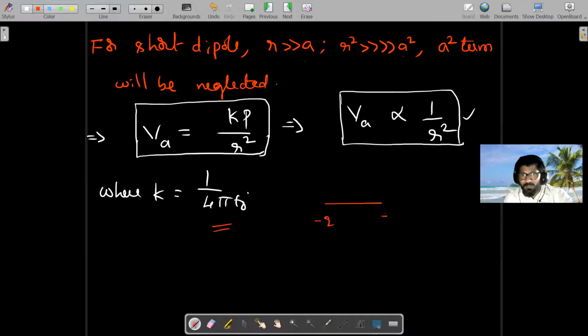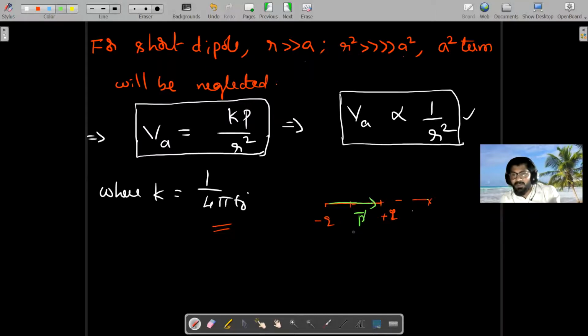You can also understand this in another way. If you consider a dipole with minus q and plus q charges here, at any point on the axial line, the potential due to the dipole is kp by r square. The dipole moment vector always directs from negative charge to positive charge. If the point is lying along a line which is in the same direction as that of the dipole, then the potential is equal to kp by r square, right?